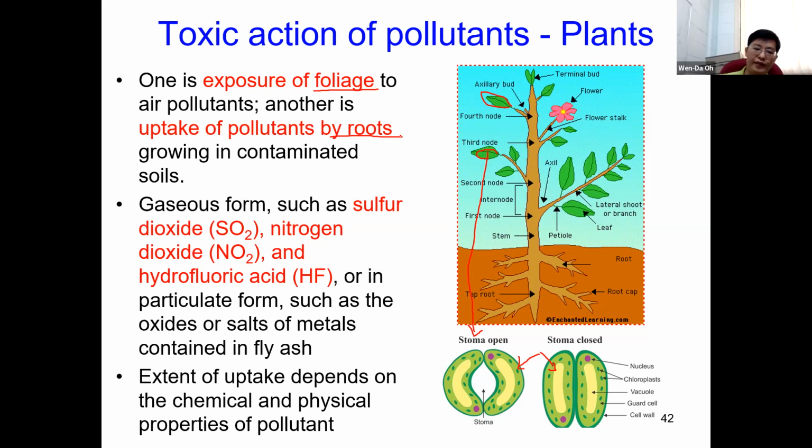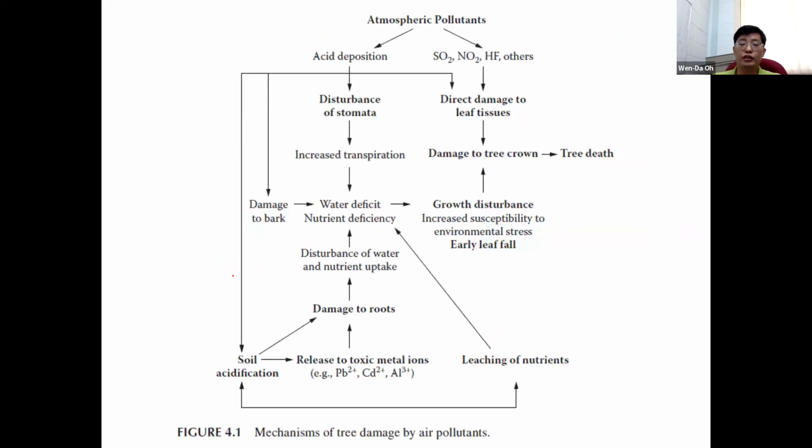The extent of uptake generally depends on many factors, particularly the chemical and physical factors of the pollutant. Just to show you how atmospheric pollutants can affect the plants, let's say you have atmospheric pollutants, and these can come in the form of many types of chemicals.